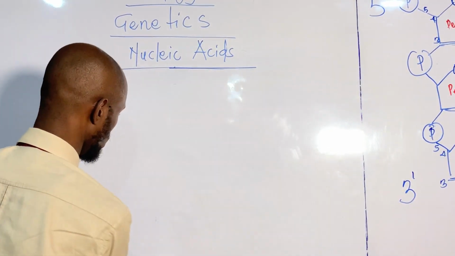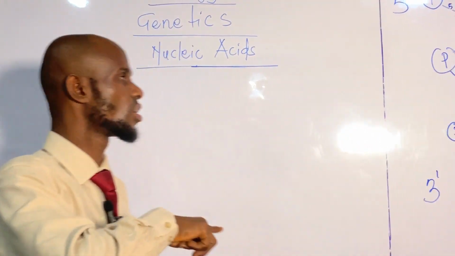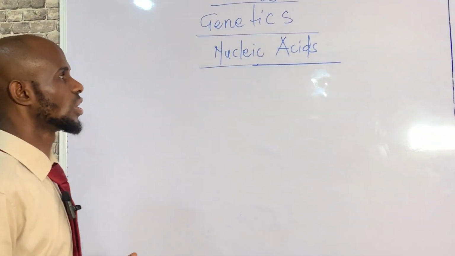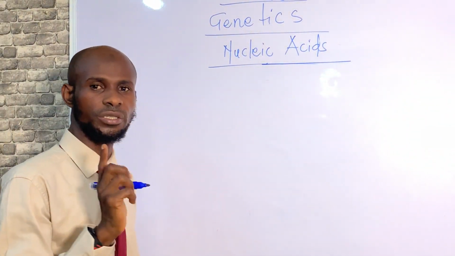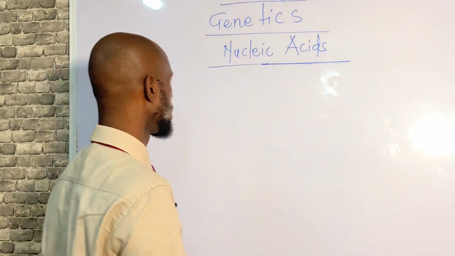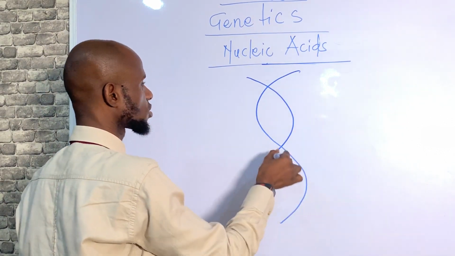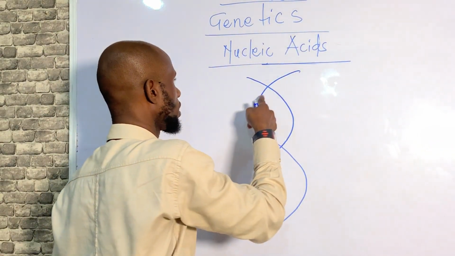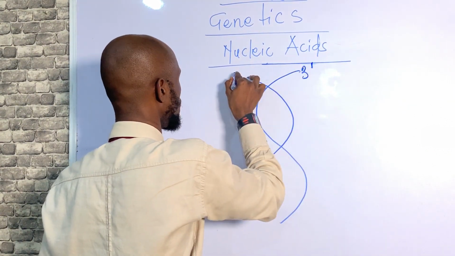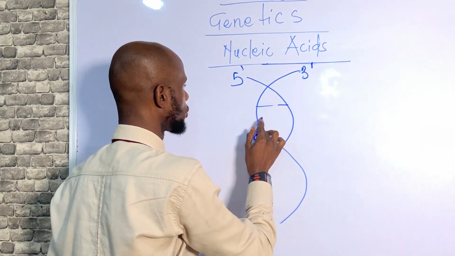Now, the DNA strand is not as straight as the structure you have seen. It is always winding, and it forms a double helix structure. So this is how it forms. This is what will form the DNA. I can even write my primes: 3 prime is starting here, 5 prime is starting here. Then the nitrogenous bases will be in the middle.